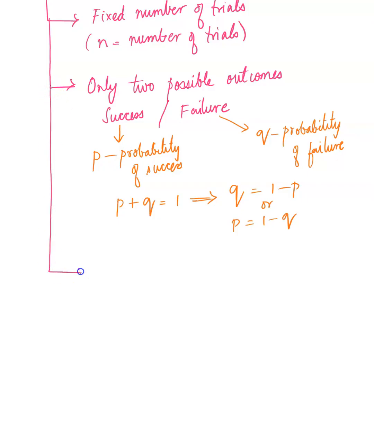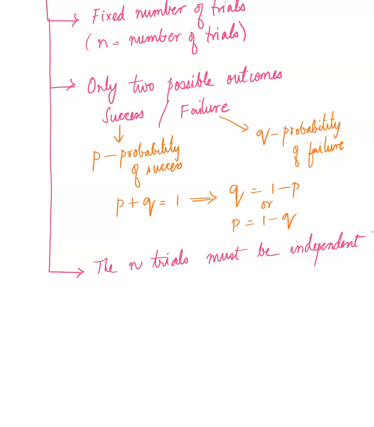And then we say, well, these trials must be independent, right? The n trials must be independent. And again, recall what independent means. They must be independent events. That means the probability of one trial should not affect the outcome of another trial, right?